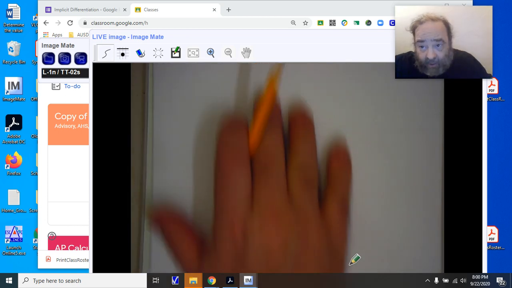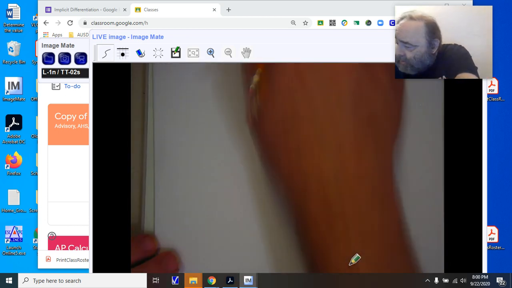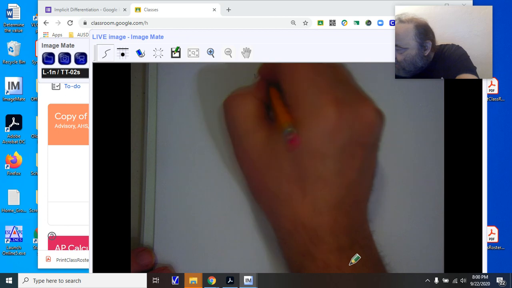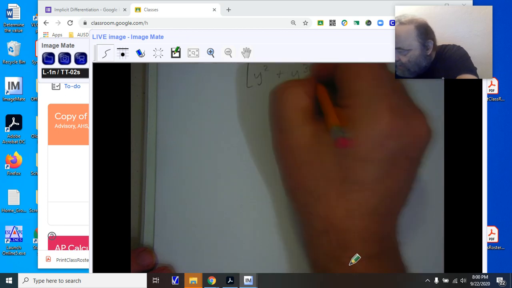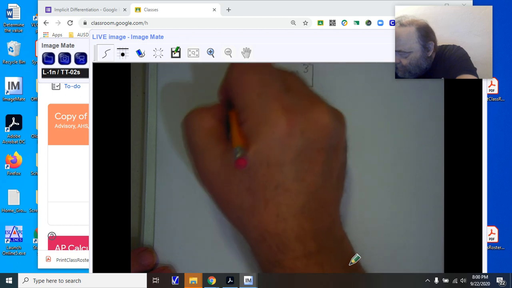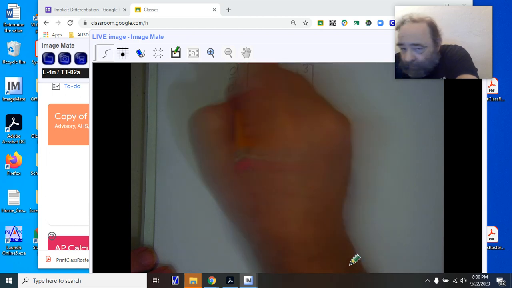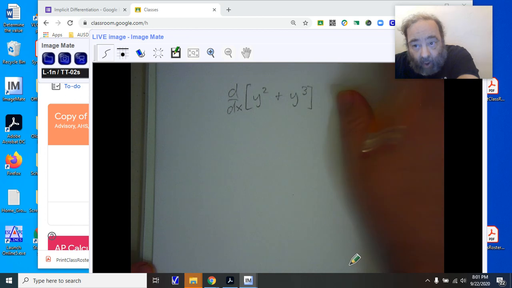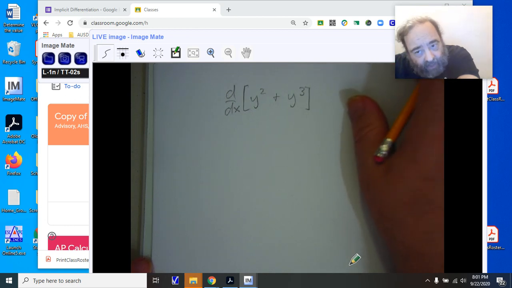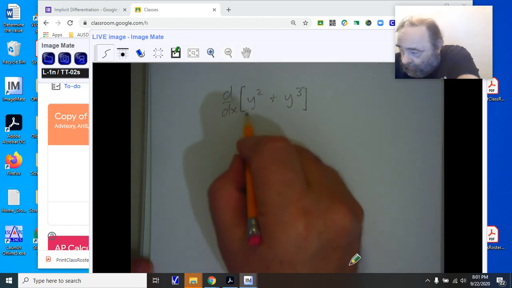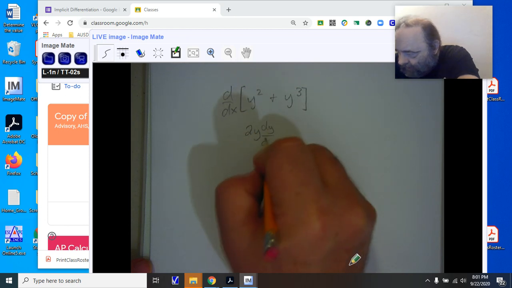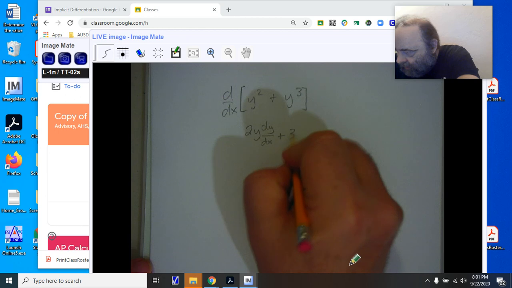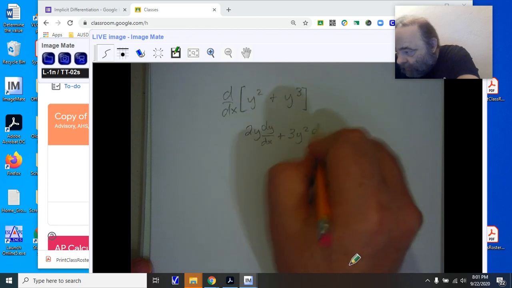Let's go ahead and take a look at a difference now, and let's do y squared plus y cubed. Notice we can't add these up together, but what we can do is find dy/dx. So let's take a look at how this works. Chain rule, 2y dy/dx plus 3y squared, chain rule, dy/dx.